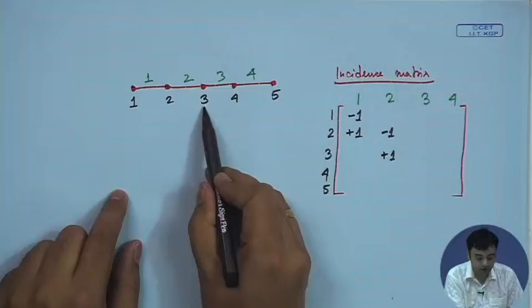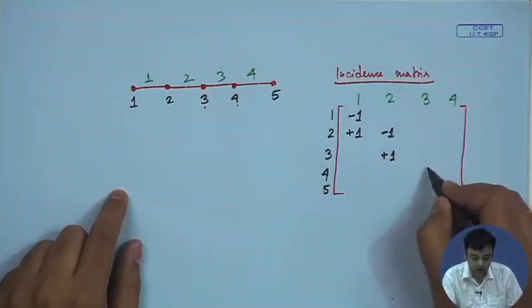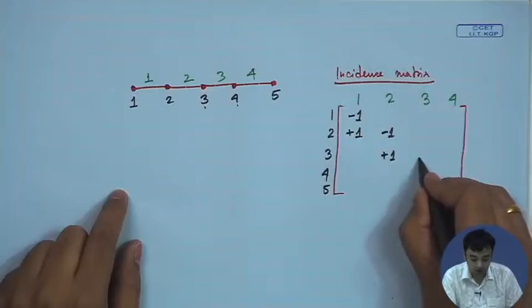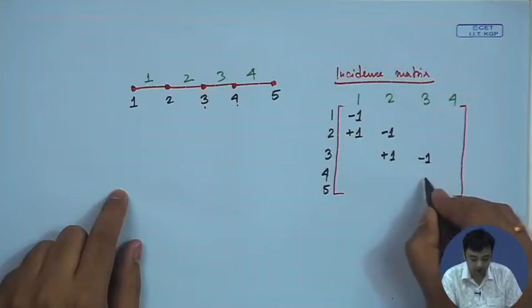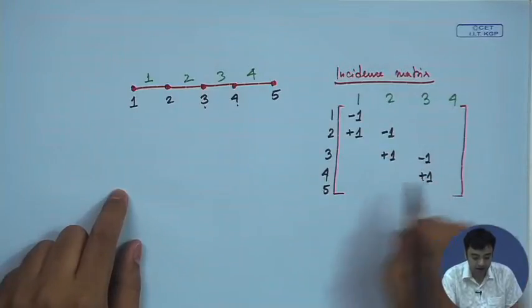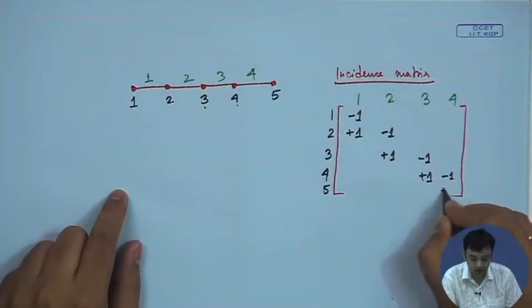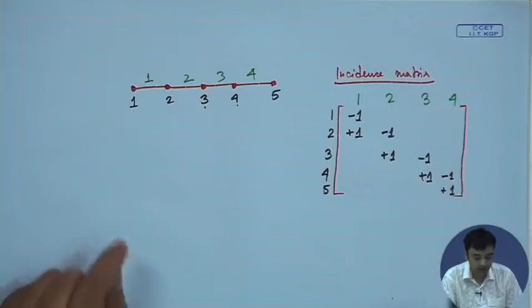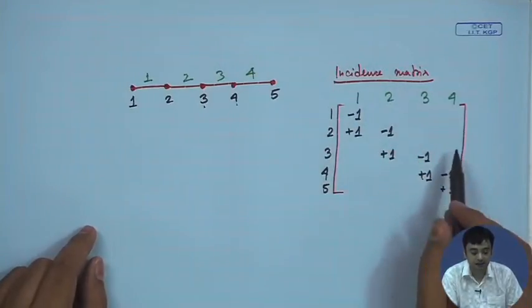In this way, we have an edge between 3 and 4. So, in the column of edge 3, we have one entry as -1 here and one entry as +1 here, and similarly for the last case we have one entry as -1 here and one entry as +1 here. In this way we can construct the incidence matrix.